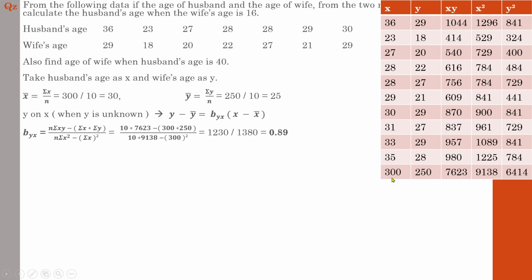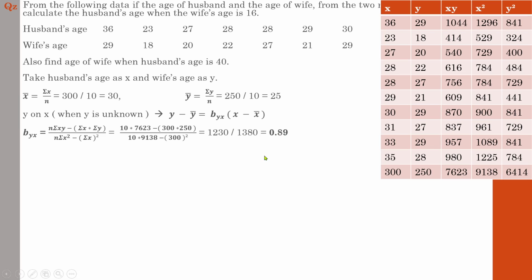Sigma x the whole square is 300 squared. See, you have to be very cautious here. Sigma x square and sigma x the whole square, these two are extremely different items. Never consider both items as similar. So by using the basic mathematical steps, you will get the value of b y x as 0.89.